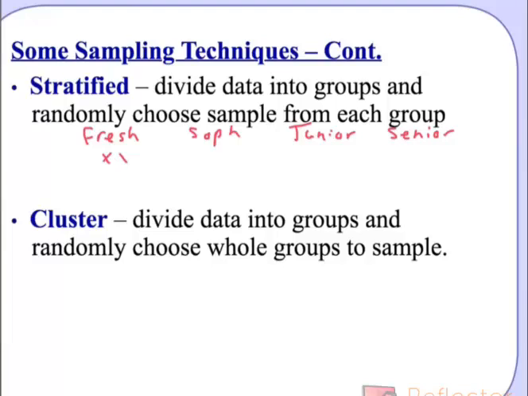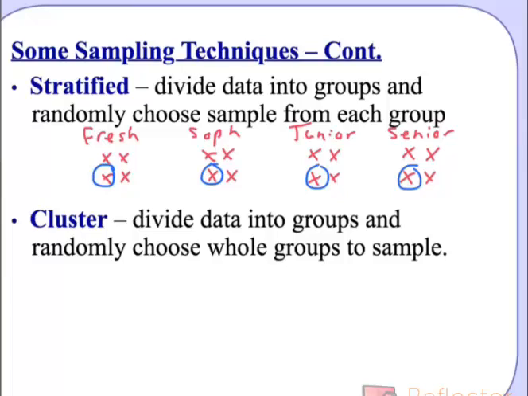I'm going to say that there's 4 people in each class. So I've broken up into groups, and then I'm going to randomly select somebody equally from each group. So in stratified, you're broken up into groups, and then somebody from each group is selected. So each group is represented equally.